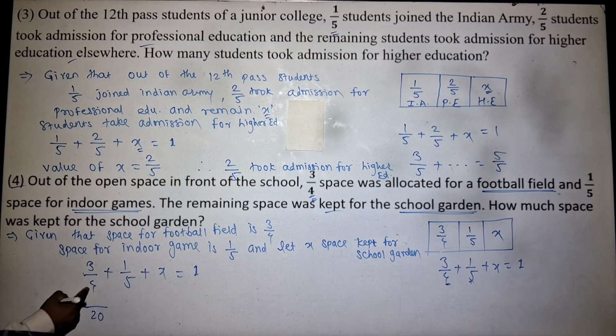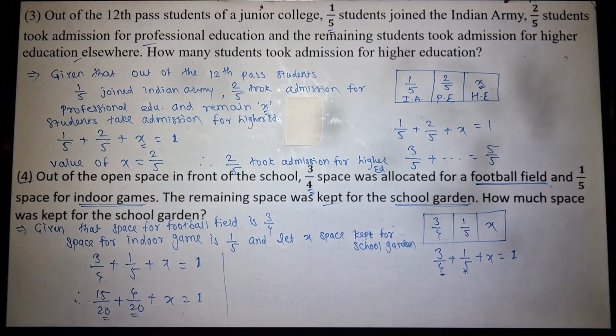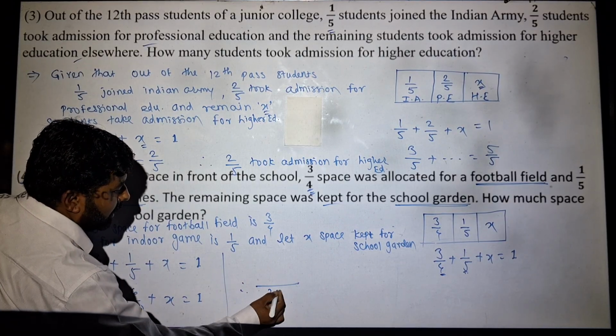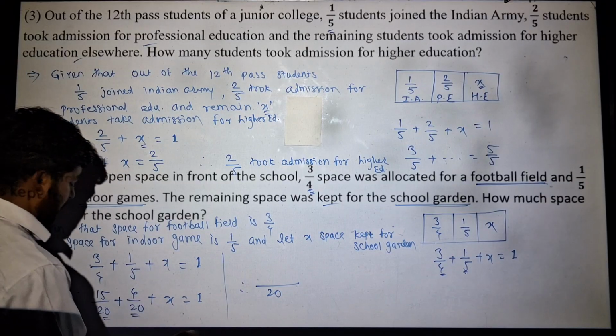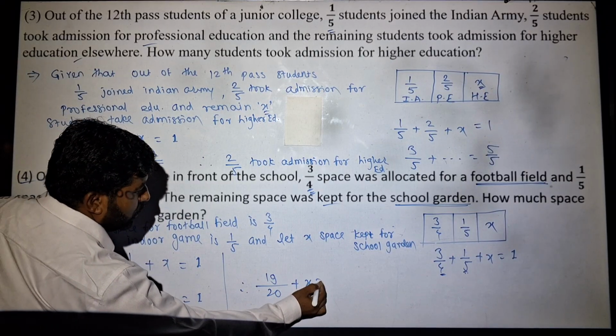Okay, yes, 4 5s are 20, therefore 3 5s are 15, 5 4s are 20, yes, 1 4 is 4, okay, plus x is equal to 1. The denominator is 20, we add the numerators, 15 plus 4 is 19, plus x is equal to 1.